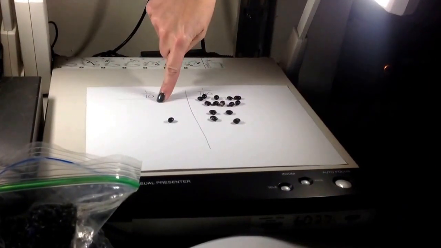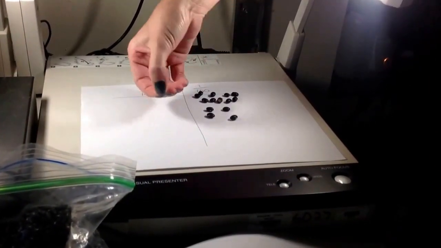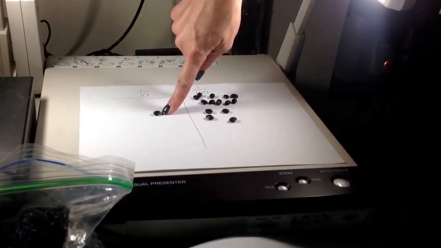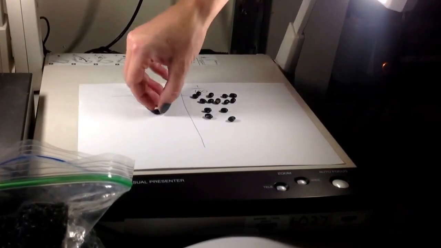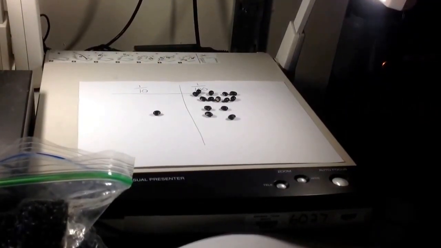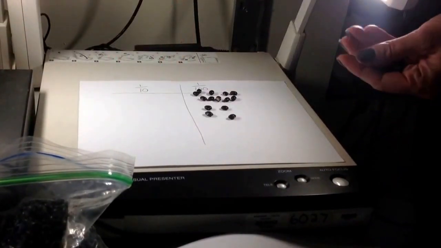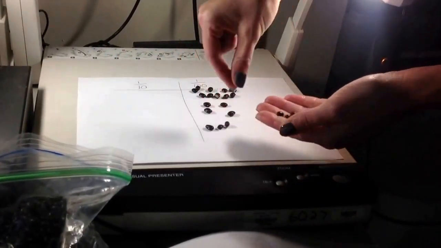So I took 1 bean from the tenth side and exchanged it for 10 on the hundredths. And I'm going to do the same thing with this guy that's over here because I can't do anything with just this 1/10. I can't split that 3 ways as it exists. So I'm renaming it as 10 hundredths.